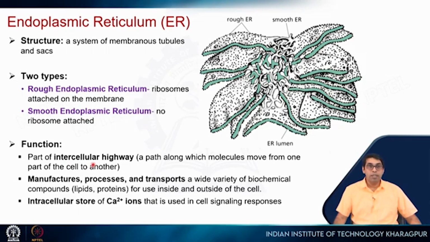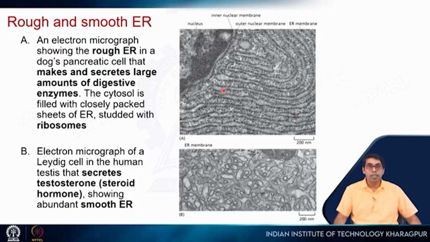Its function is that it is an intracellular highway, right. It forms a path along which molecules move from one part of the cell to another part. And since you have this ribosome attached, you can imagine that protein synthesis also occurs here. Again, these are the electron micrographs of the rough ER and the smooth ER.